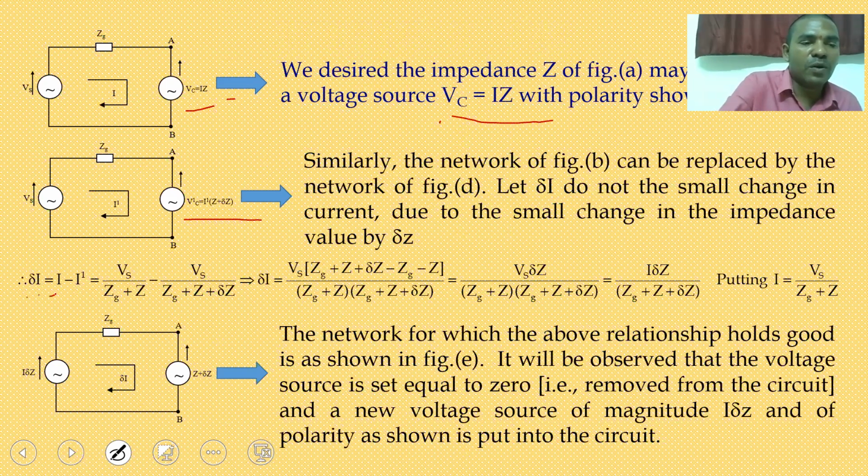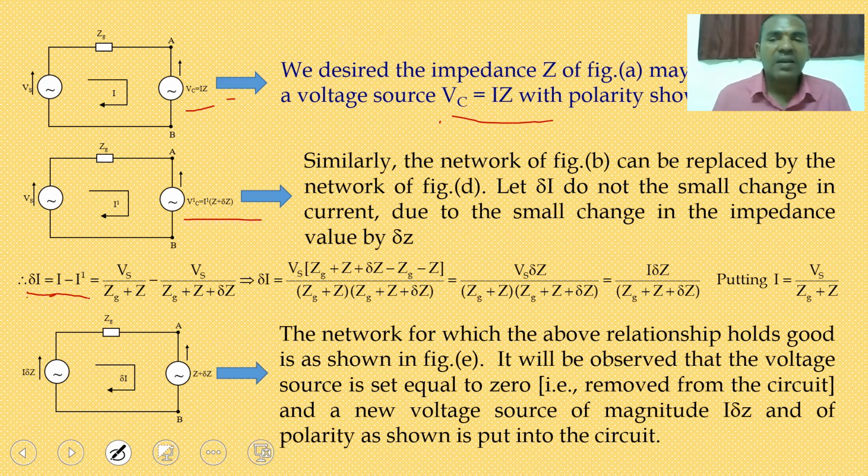Now what is the difference? The differential current delta I is equal to I minus I dash, that is equal to Vs by Zg plus Z minus Vs divided by Zg plus Z plus delta Z. The final value you get is delta I equal to I delta Z divided by Zg plus Z plus delta Z. This amount of incremental current will be there.